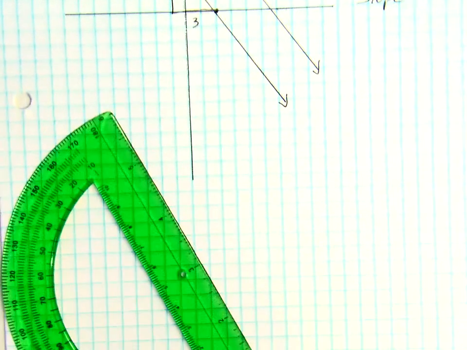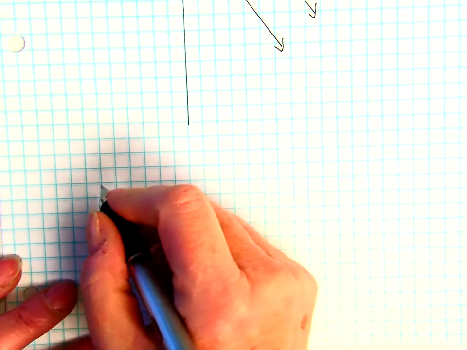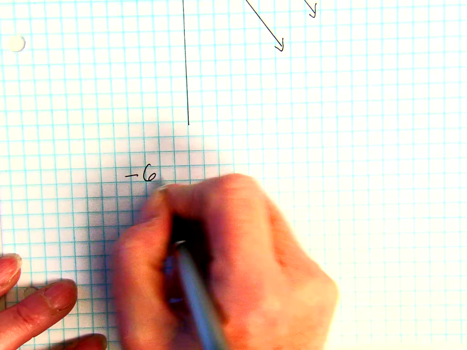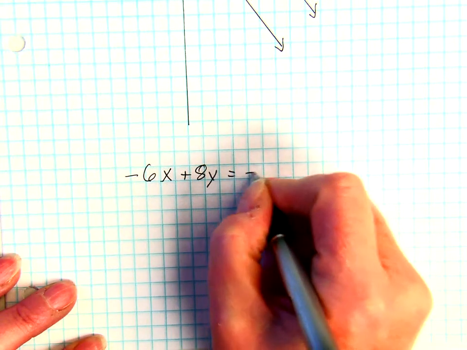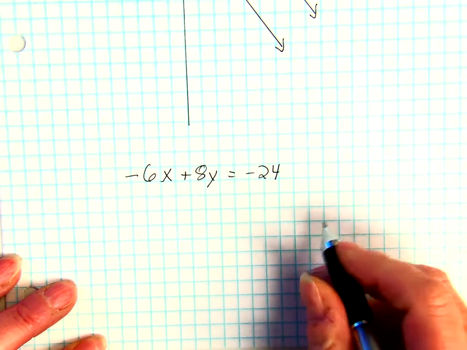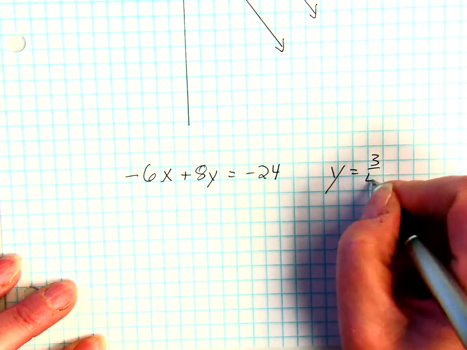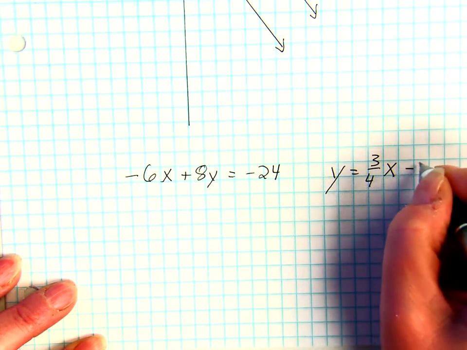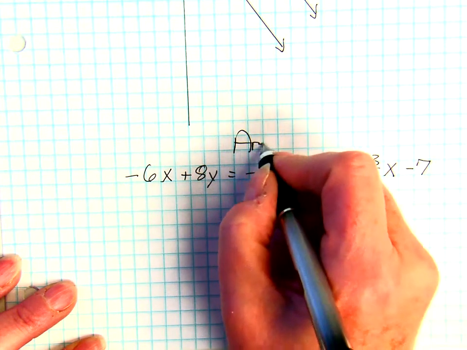They're so easy. Okay, so let's say we've got the kind of graphs they're going to ask us. We've got negative 6x plus 8y equals negative 24, and we've got y equals 3/4 x minus 7. And the question is, are these parallel?